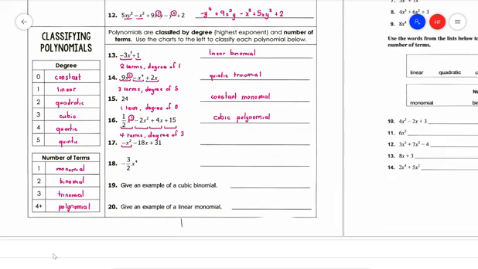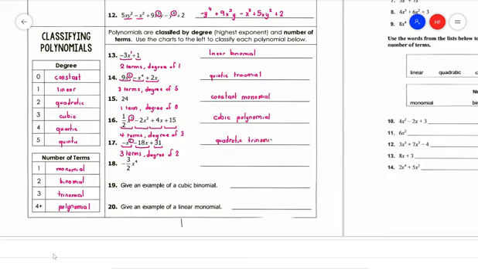We have 1, 2, 3 terms. And my highest exponent is right here in the front, which means I have a degree of 2. Degree of 2 means that it is a quadratic. And 3 terms means it is a trinomial.